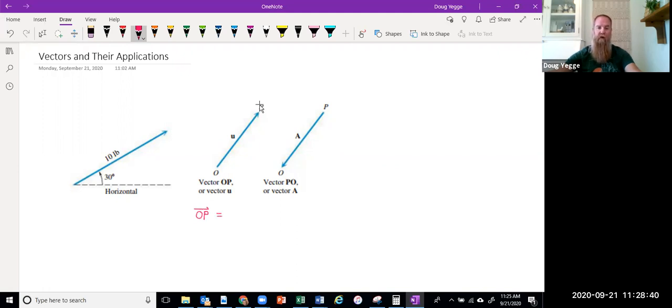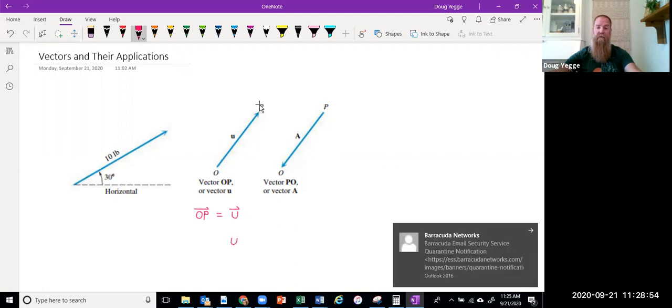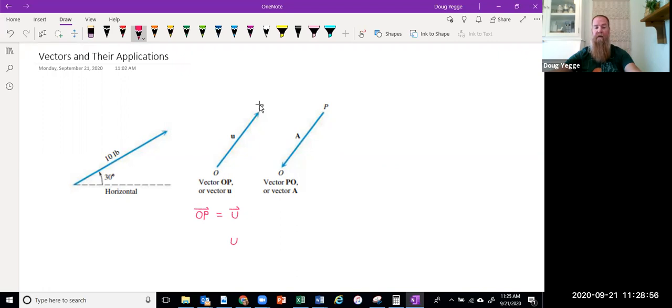And we could see that OP is the same as vector U, but again, we would put a little arrow tip above U. And this is important to see the difference between a vector variable and a scalar variable. If I had the vector U, then I would have an arrow tip over it. But if I had the scalar U, now that would just be some scalar quantity like 5 or -7.